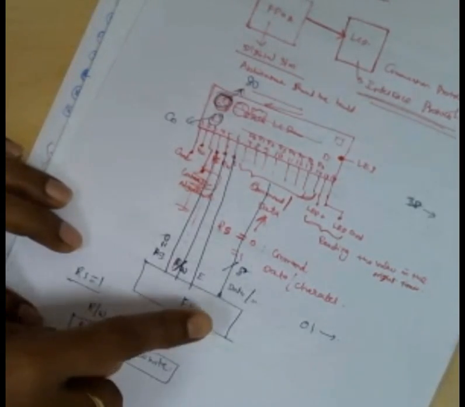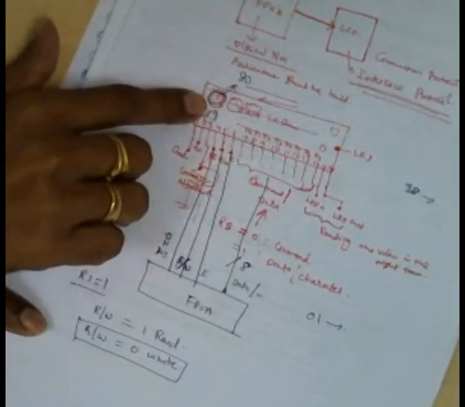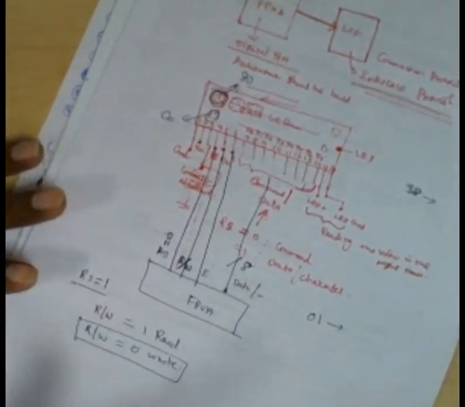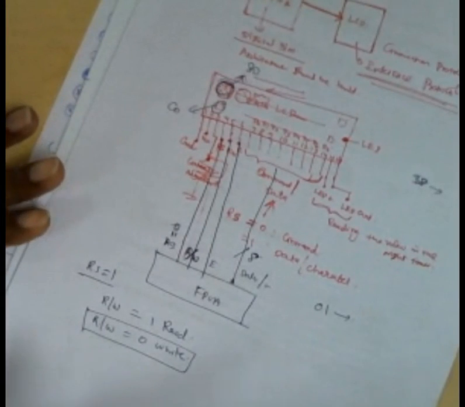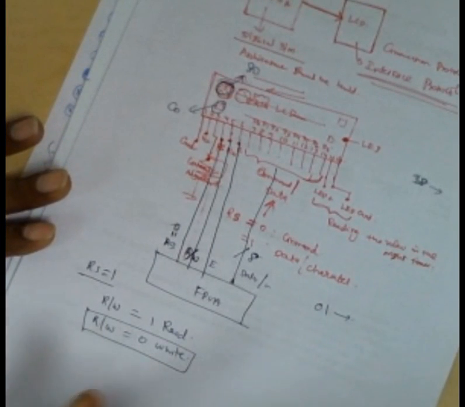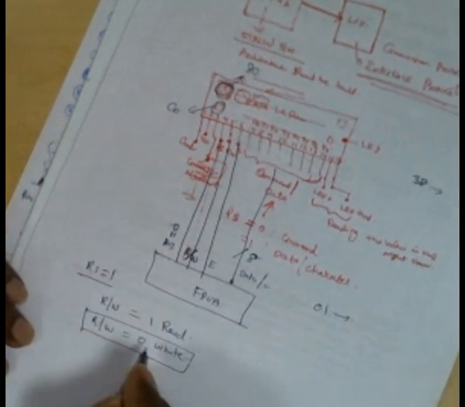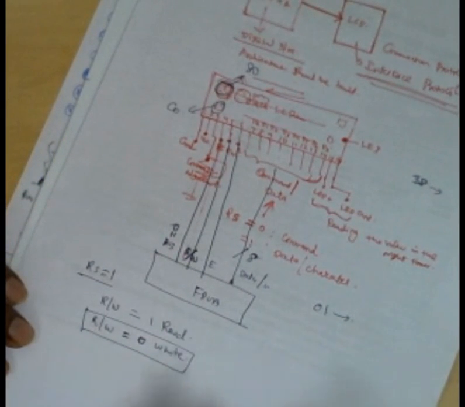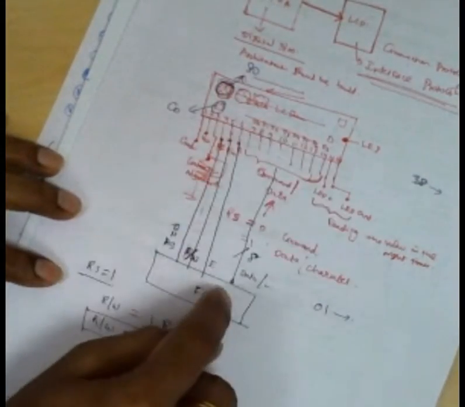That means I am going to write from the FPGA into the LCD. I am not going to read anything from the LCD into the FPGA. There is an option to read also, but right now we will not touch that part. That will be in the next semester course. So R bar W will be 0. That means I am going to write from here to here. I will write a command or I will write the character.